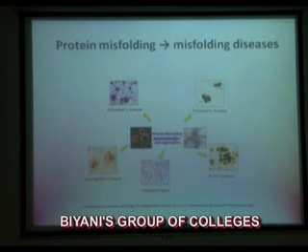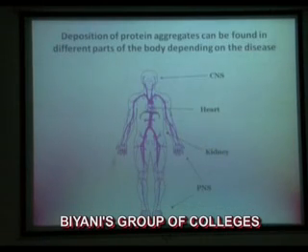And here are a few known misfolding diseases, except for Alzheimer's. We have Parkinson's, prion diseases like mad cow disease, diabetes type 2, and Huntington's disease. And these deposits can accumulate in different parts of the body.